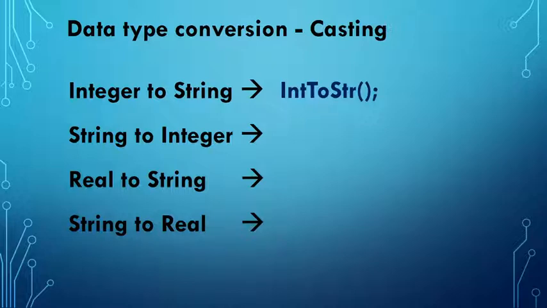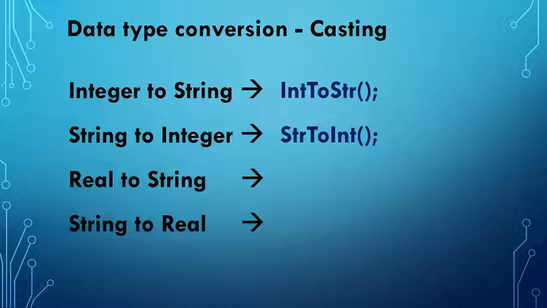So it cannot stand on its own. The function's result needs to be stored somewhere else. Okay, then string to integer, it's basically the same, just the other way around. StrToInt, and again in the brackets goes the value that we want to convert.